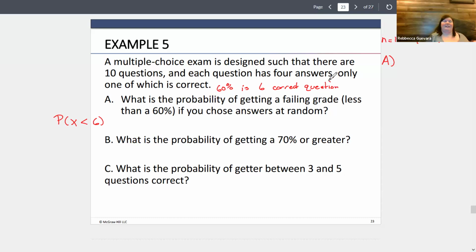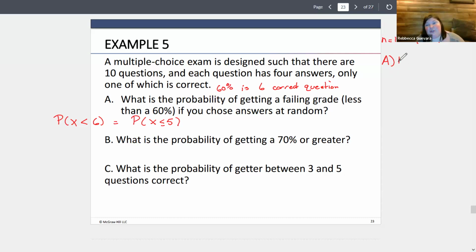So remember for this test, if I don't get a 60%, that means I didn't get 6 questions correct. Below that would be 5 questions correct. So I'm really looking at what is the probability that X is less than or equal to 5.